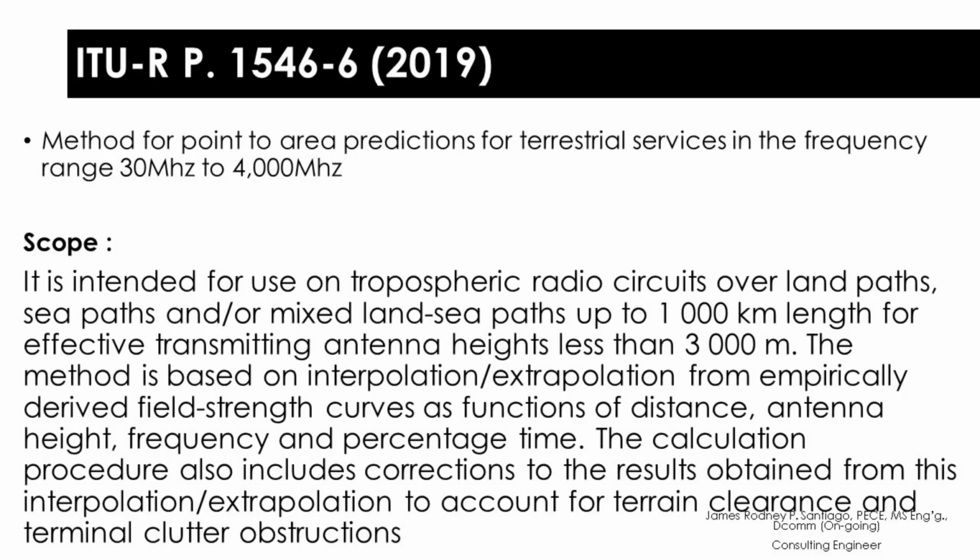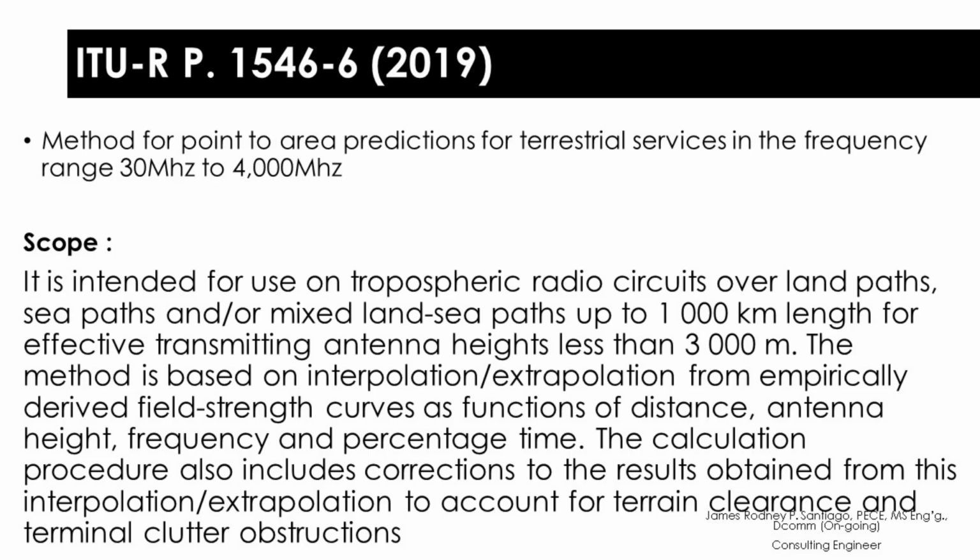Next is the ITU-R P.1546-6, which was released last 2019. This is the most reliable of all the algorithms for coverage prediction in broadcasting. This is highly recommended. They call it the method for point-to-area prediction for terrestrial services in the frequency range of 30 megahertz up to 4,000 megahertz, or 4 gigahertz.